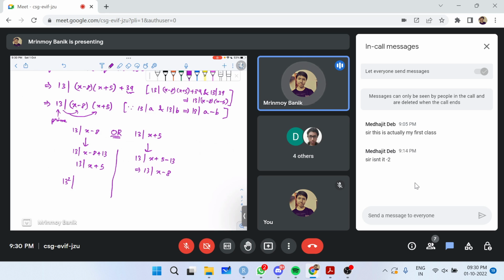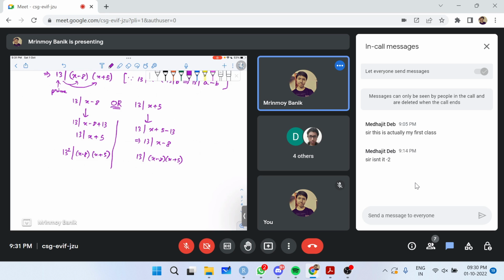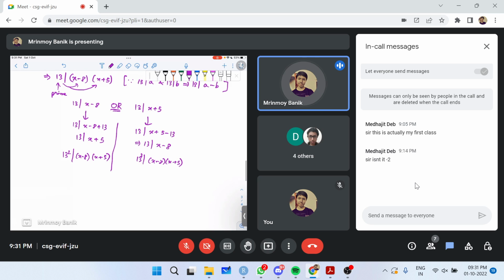So 13 squared divides their product. So now we have the first term divisible by 13 squared, which is 169. So 169 divides the first term.